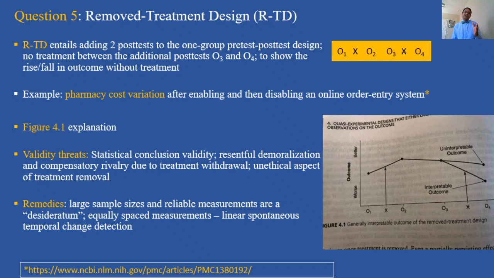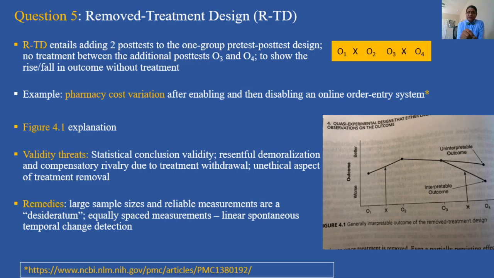The interpretable outcome can be explained by saying that the treatment effect wore off from O2 to O3 and then diminished further from O3 to O4. But what happened with this uninterpretable outcome is not really clear, and that's why it is called the uninterpretable outcome.